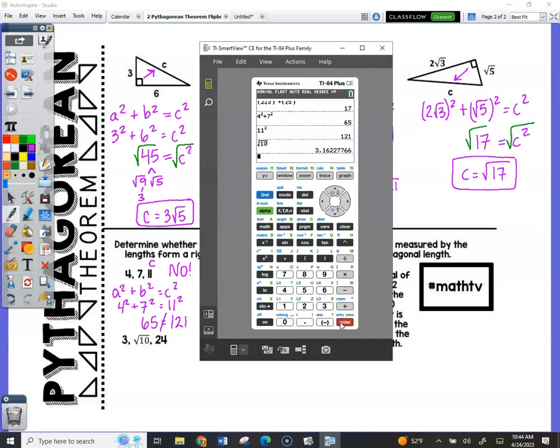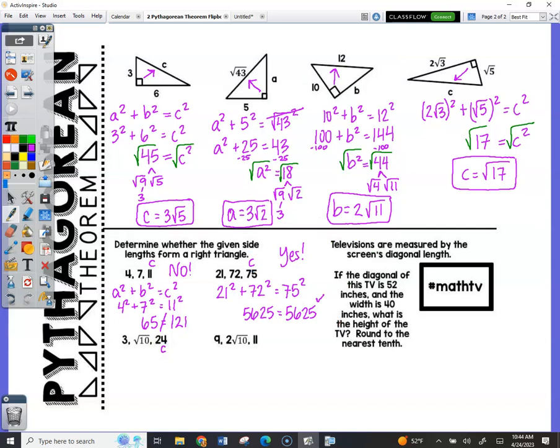But if you're just not good with numbers, then just type it in. Square root of 10 is 3 point something, which tells me, okay, 24 is my C. So we're going to plug it in. A squared plus B squared equals C squared.